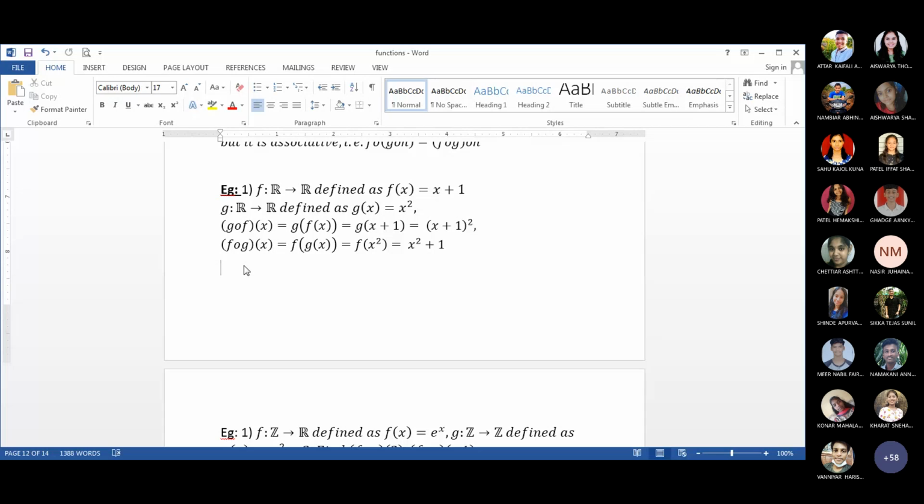So g composed with f is g of f of x, which is g of x plus 1, which is x plus 1 the whole square. So is this clear? The first part.